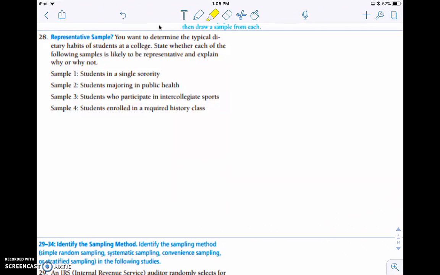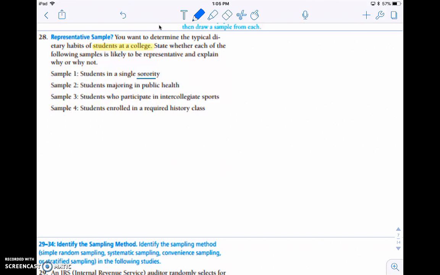So we want to determine the typical dietary habits of students at a particular college, and let's determine whether each of the following samples is likely to be representative, and then explain why or why not. So our population here is whatever college this is, and our first sample is students in a single sorority.